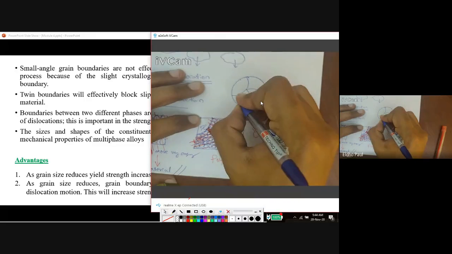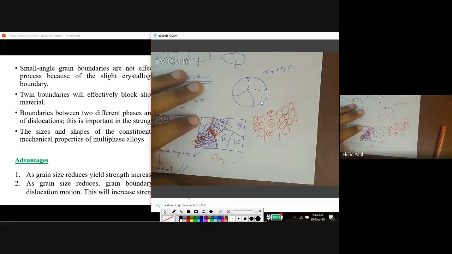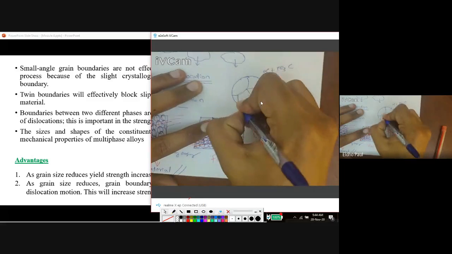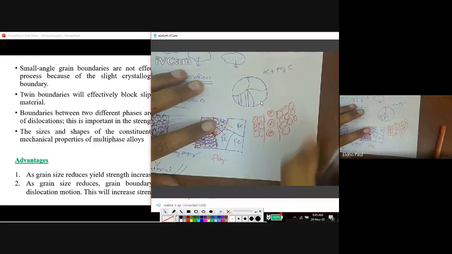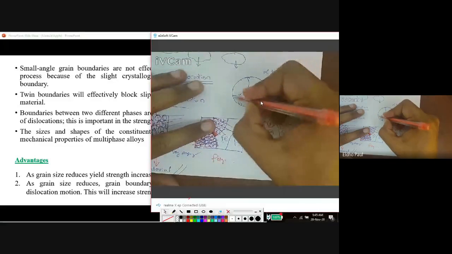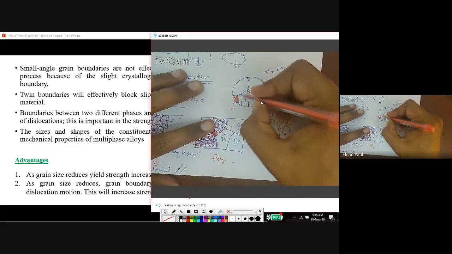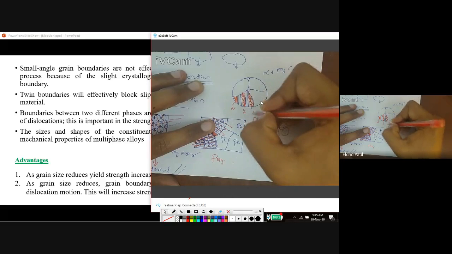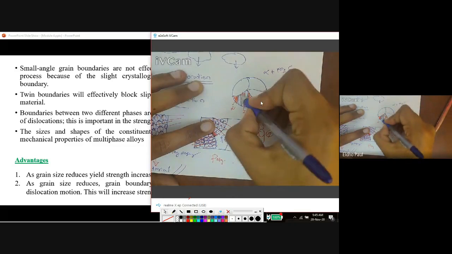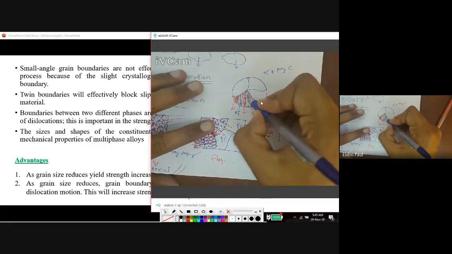For example, alpha plus Fe3C. In the alpha plus Fe3C pearlite structure, this is the corresponding figure. Here we have the alpha solid phase, and then Fe3C, then again alpha, then again alpha. In between, in this region, we have Fe3C. Here we have Fe3C.